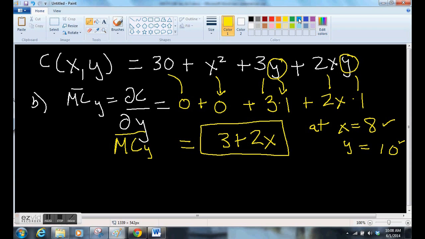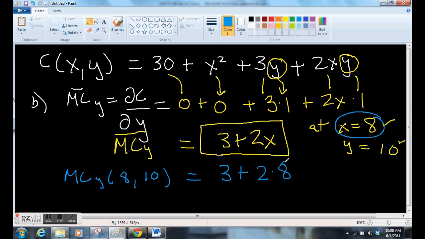So now we're going to plug in the marginal cost of y at x equals 8, y equals 10. Well, let's see, we have 3 plus 2 times x equals 8. There's no y, so we actually don't need that piece. That's fine. So that's 16 plus 3, 19. Gotta love these little numbers.